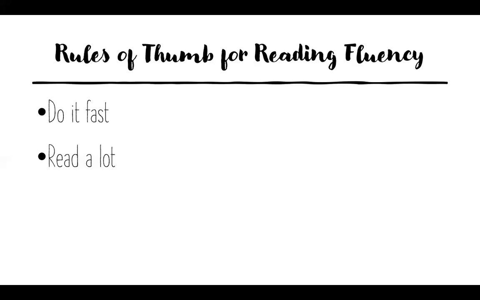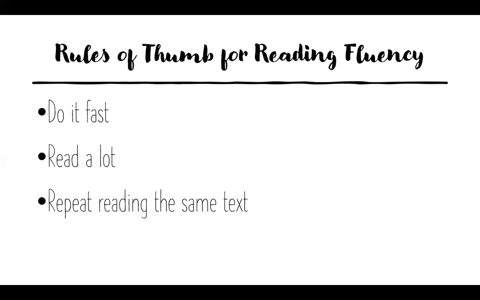And the third one is, if you want to build your reading fluency, you can repeat reading the same text over and over again. There is actually an exercise here which I would love to do with you if we were on campus in a classroom. The way to prove that reading the same material over and over can help you read faster is to try this.